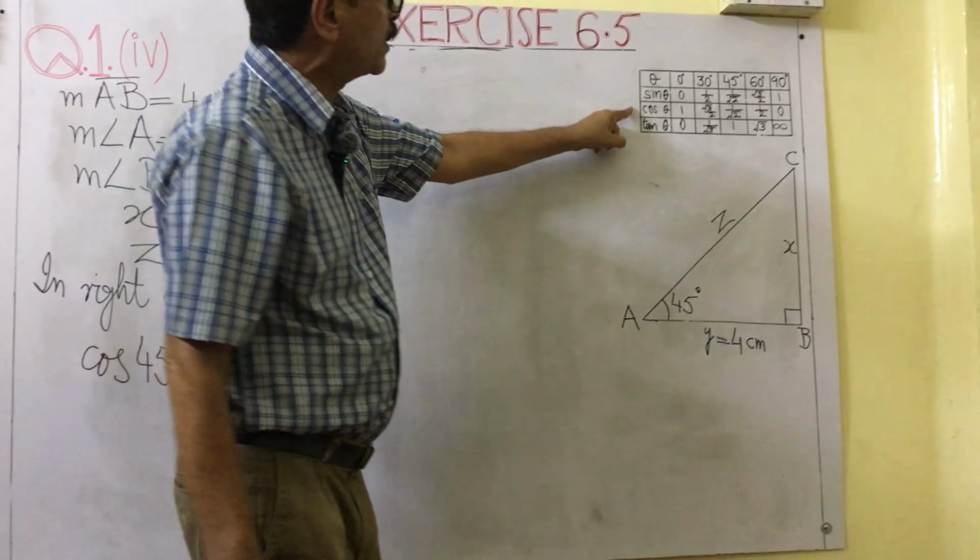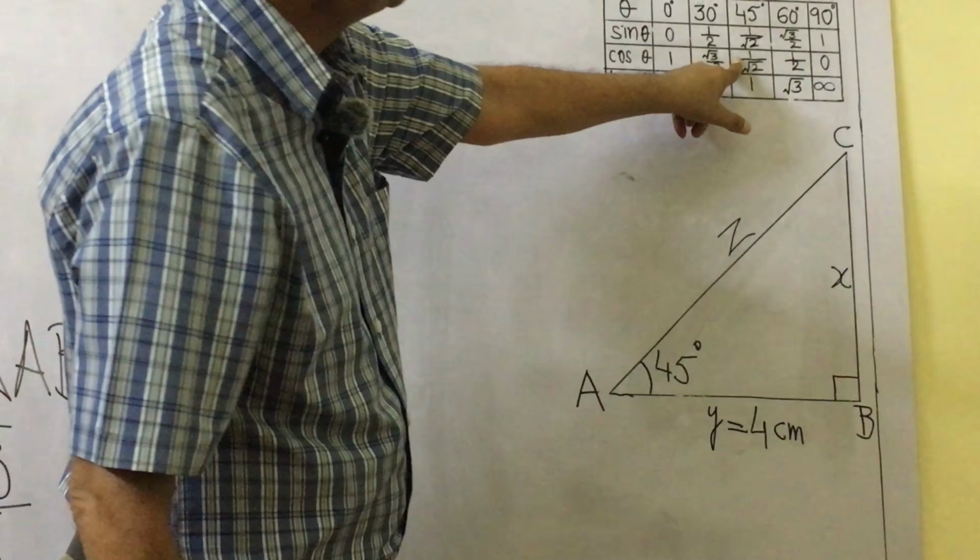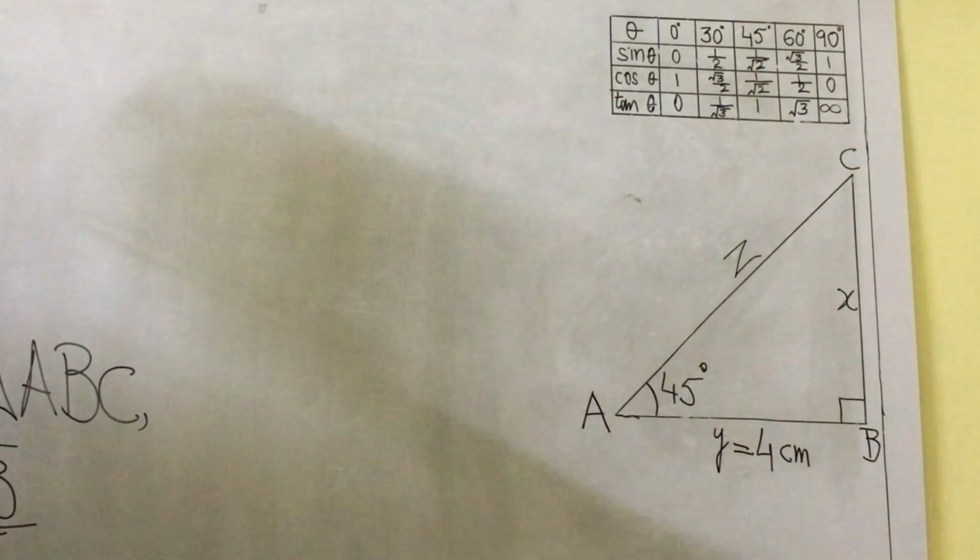Cosine of 45 degrees, value is 1 over square root of 2.